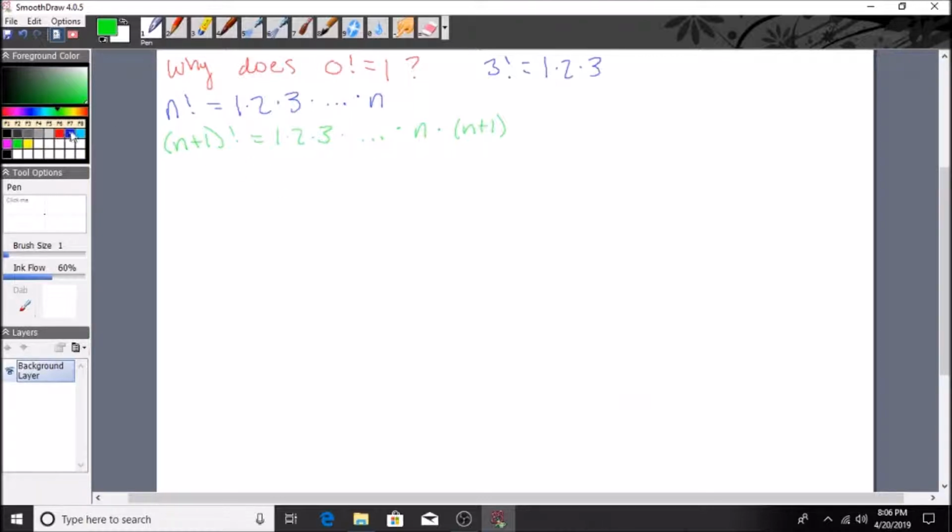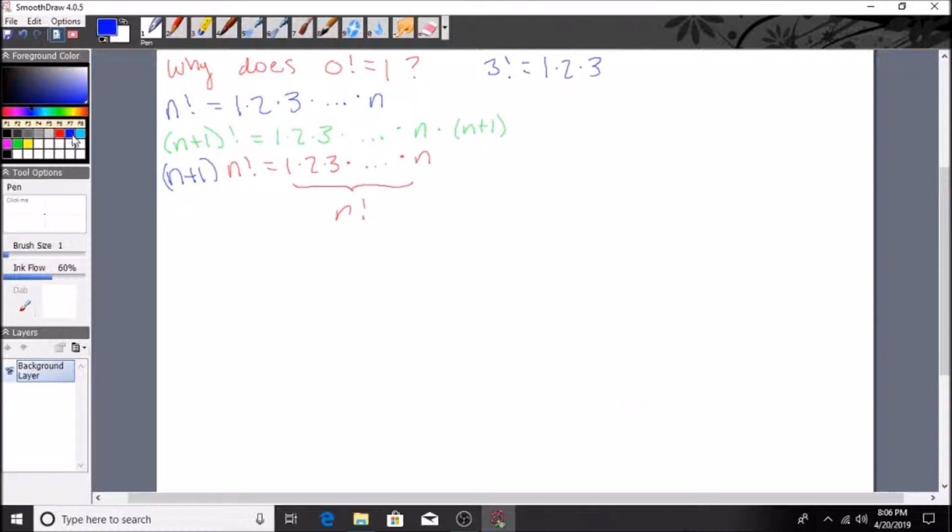What we want to do, actually, is show one last one, though. I want to show n plus 1 times the original n factorial. So I'm going to write this out a little differently. I'm going to write just the n factorial first: 1 times 2 times 3 times dot dot dot times n. So this whole piece is just n factorial.